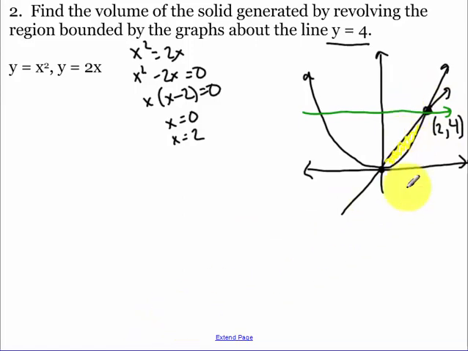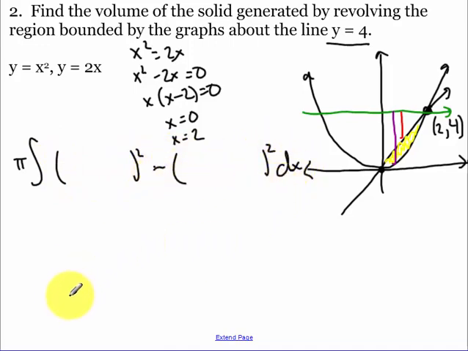Again, our area doesn't butt up right to the line, so I need to do outer radius minus the inner radius. So pi integral of outer radius squared minus inner radius squared with respect to x. Everything is in terms of x, so my x values for integration are 0 to 2.